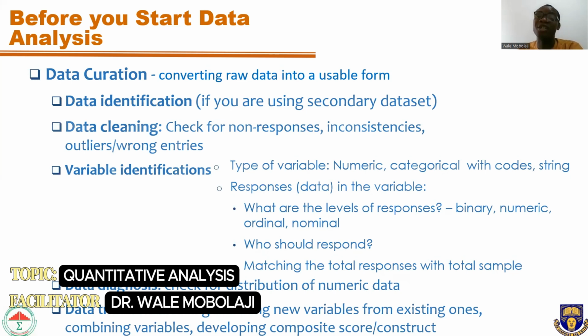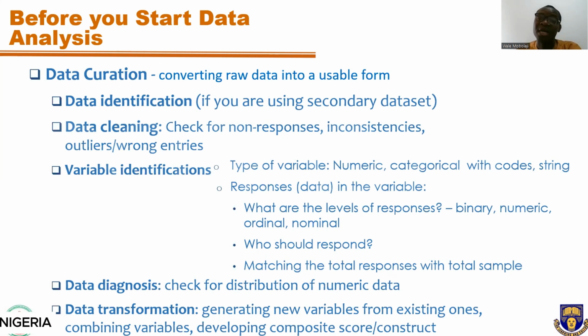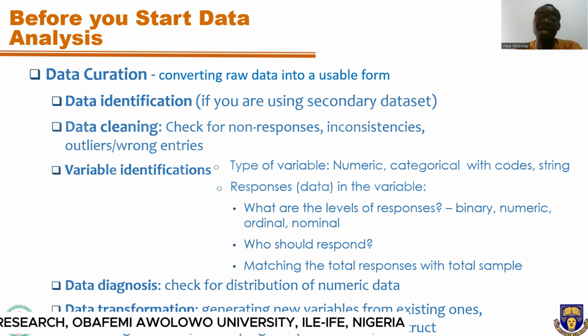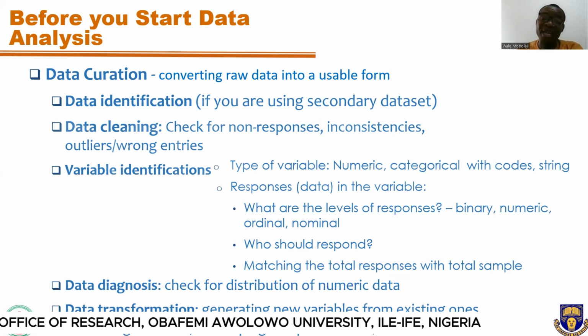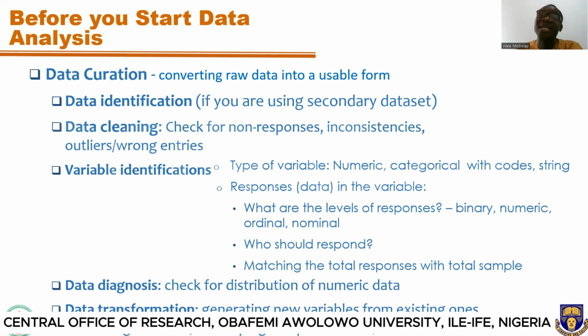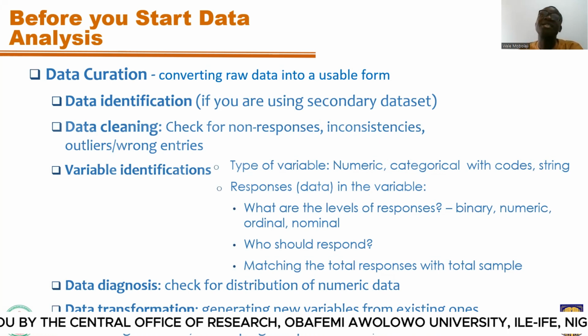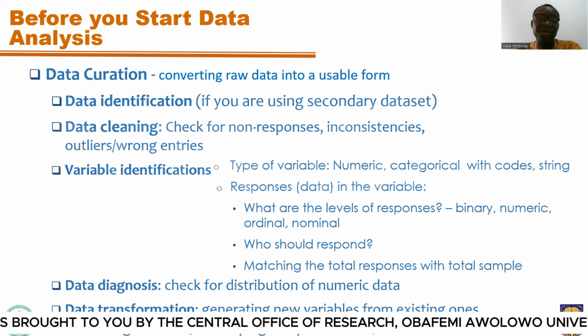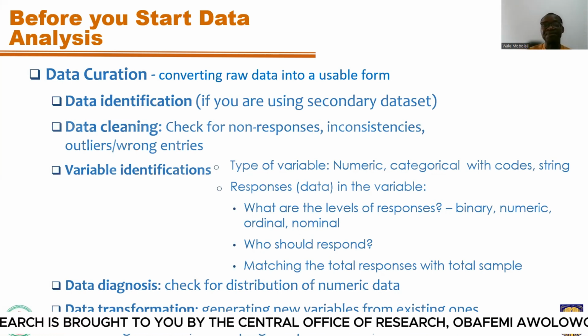Those numbers are just used to categorize or to designate the various responses. So it's not a true numeric variable, it's categorical. But for numeric, the number you have is exactly what it is. So if you enter 5, it is 5. The 5 is not representing anything. That's numeric. So we need to understand that.